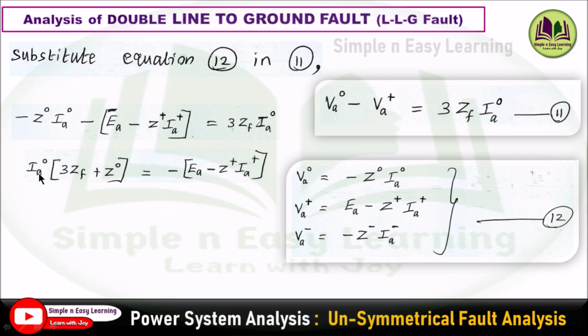Here I am taking IA0 as common and taking this IA0 term to that side. The minus Z0 becomes plus Z0. IA0 into 3ZF plus Z0 will be equal to this whole term, EA minus Z plus into IA plus. So from here we can determine IA0, which will be equal to this whole term divided by 3ZF plus Z0. This is your 13th equation and this is your IA0.